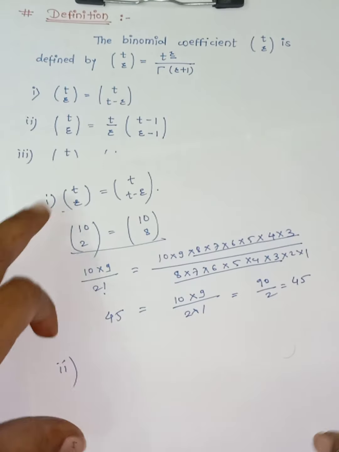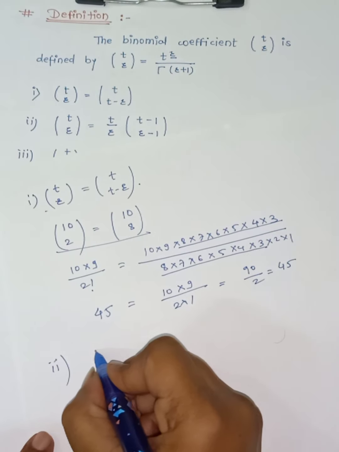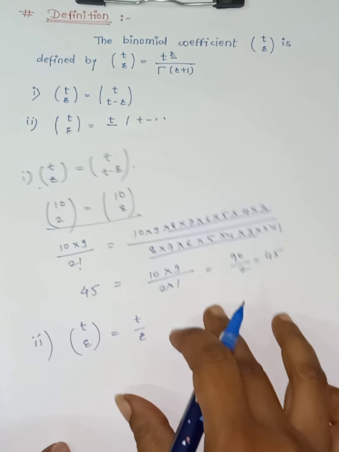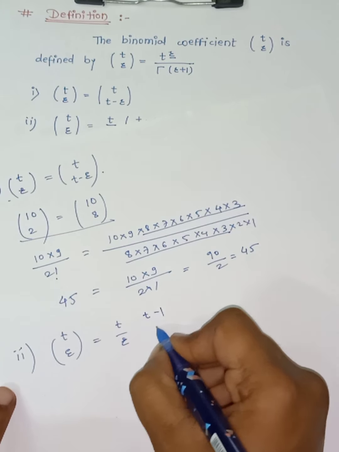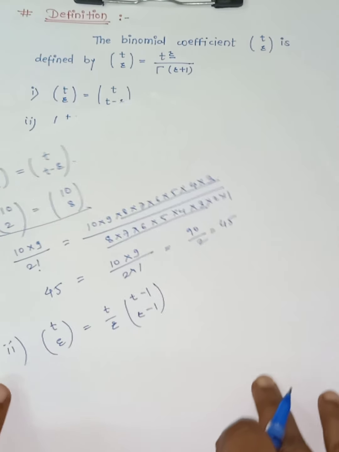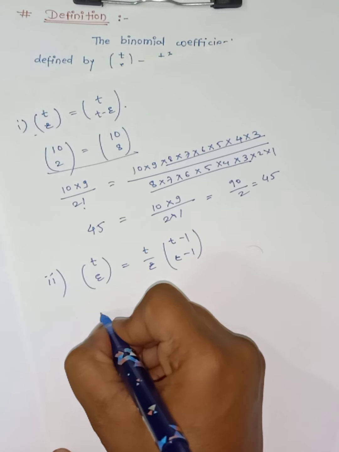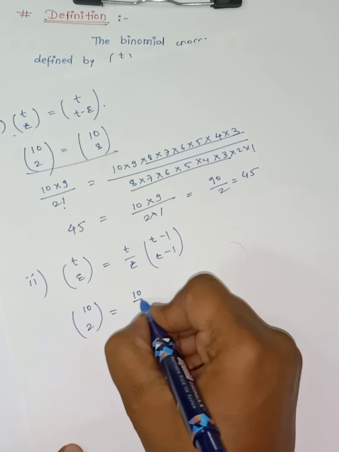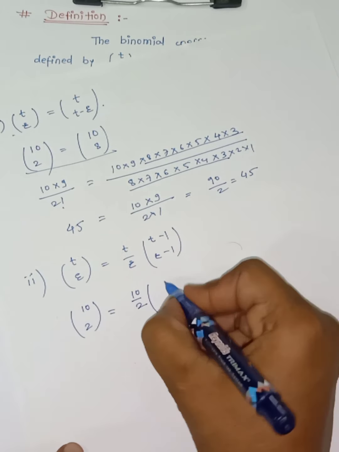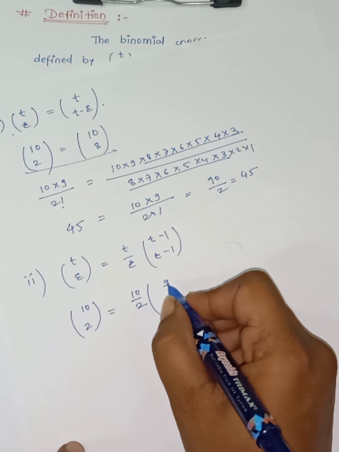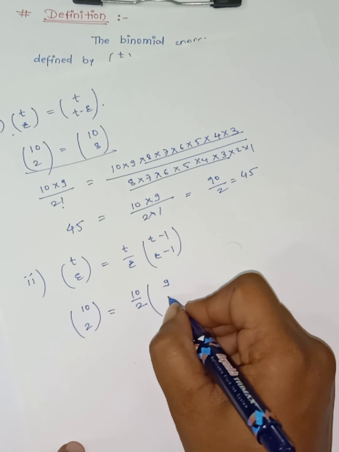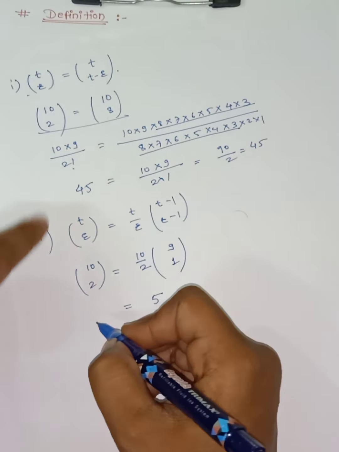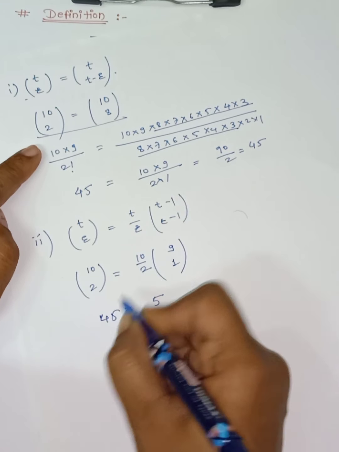What is the second one? Second one is tCr equals t by r times (t minus 1)C(r minus 1). For this also we'll consider the same. So 10C2, then 10 by 2, and here 10 minus 1, that is 9, C, r minus 1, so 2 minus 1, that is 1.